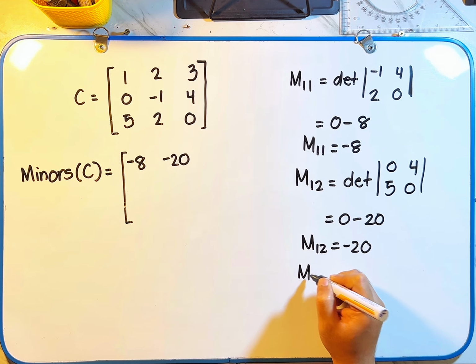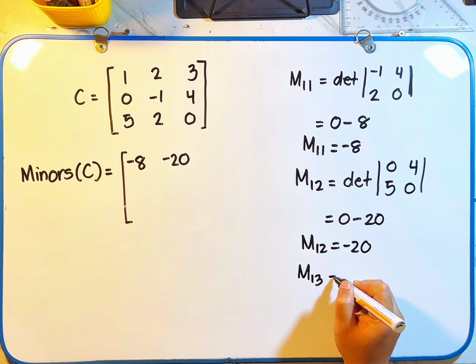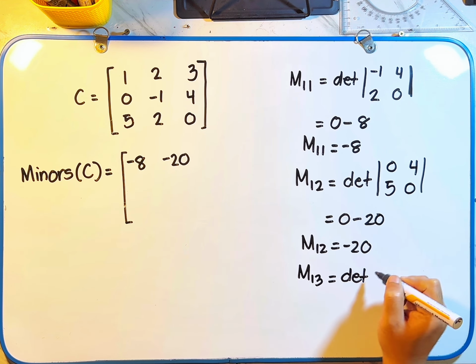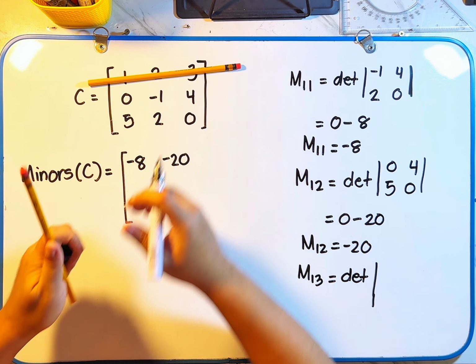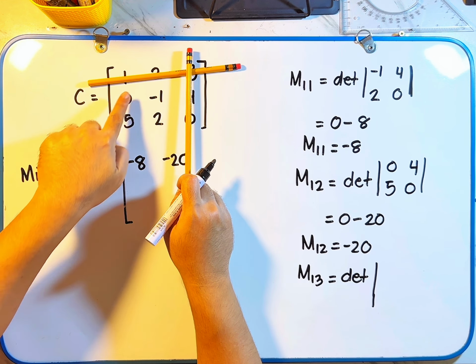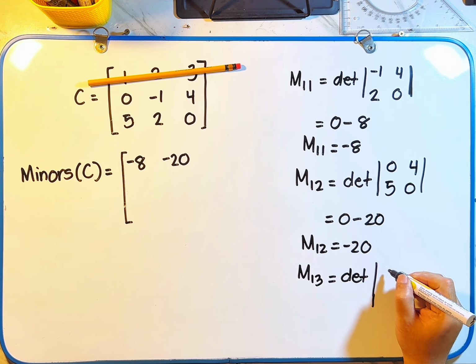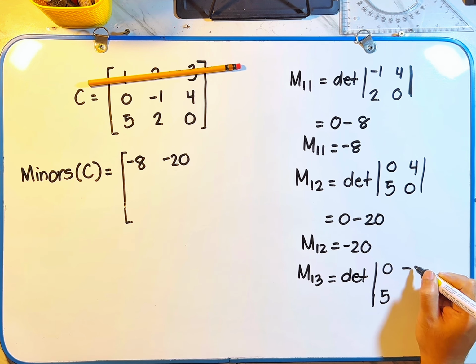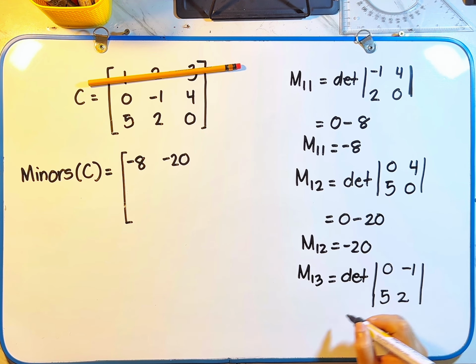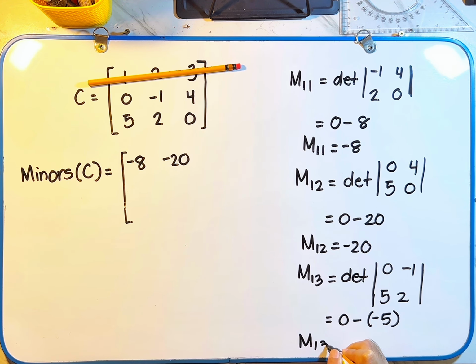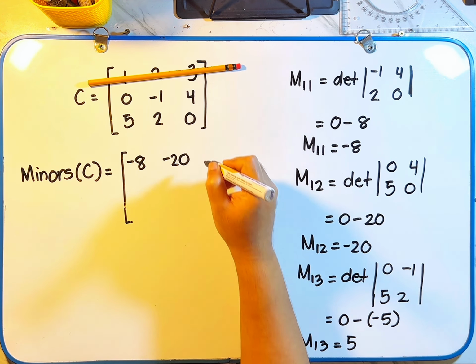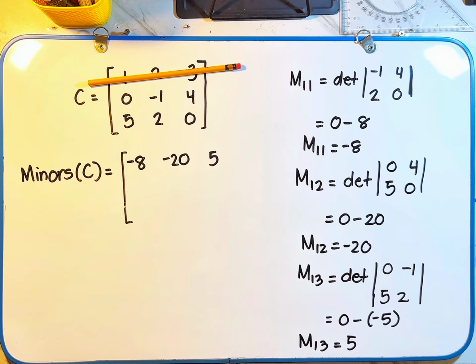Next, the minor in the first row, third column. Let's block the first row and the third column. We have these 4 digits right here. So the determinant of 0, 5, negative 1, 2 is equal to 0 times 2 is 0, minus 5 times negative 1 is negative 5. Therefore, M13 is equal to positive 5. So we have 5 here, the element in the first row, third column.